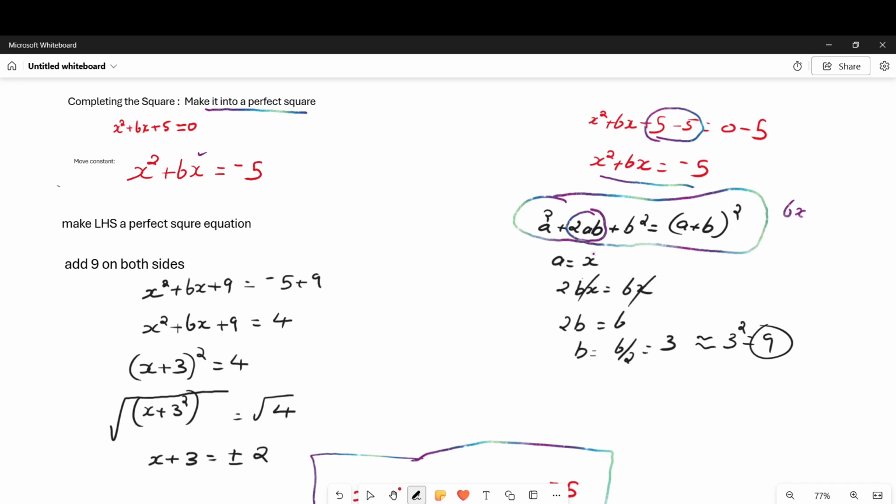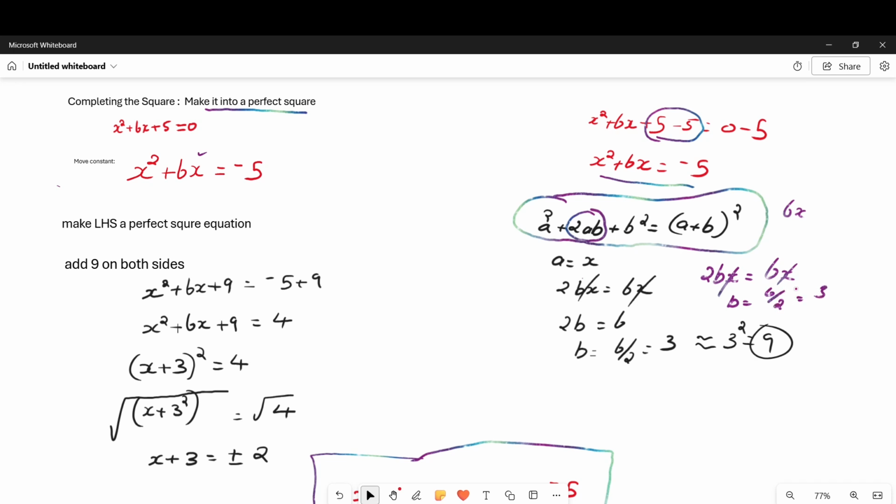So we need to find the value of b. Put 2bx is equal to 6x. The x and x will be cancelled, so what is left is 2b is equal to 6, so b is equal to 6 by 2, which is 3. Yes, we got the value of b.